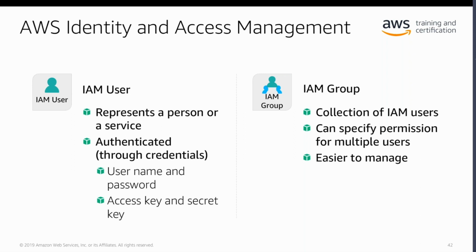A user represents a person or a service. An IAM group is typically a collection of users that we manage as a group to make it easier to manage permissions for people that need to do similar things in AWS. You're authenticated through a set of credentials. It could be a username and password. It could also be an access key and secret key in the case of API credentials.